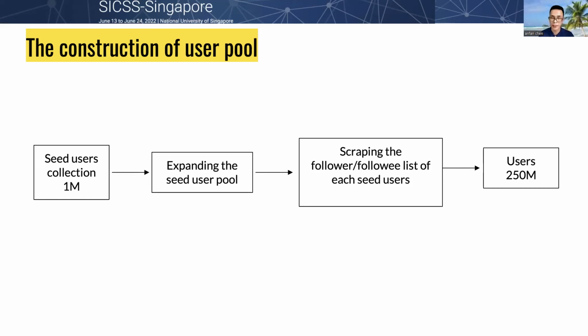So we can get more users and expand the seed user pool by scraping the follows and followees of the 1 million users, and it results in 250 million users. It is the so-called user pool generated in my project.